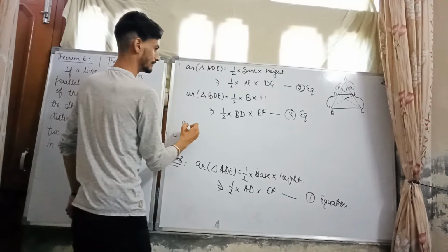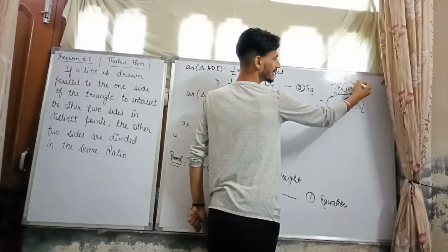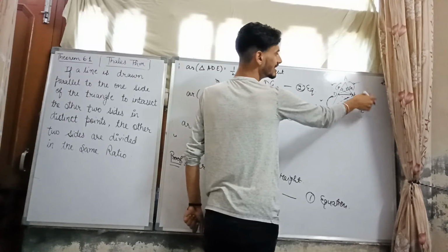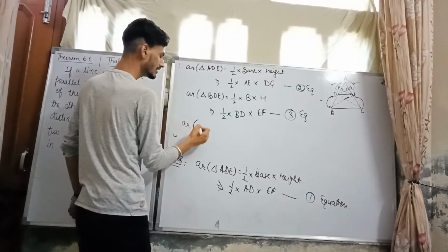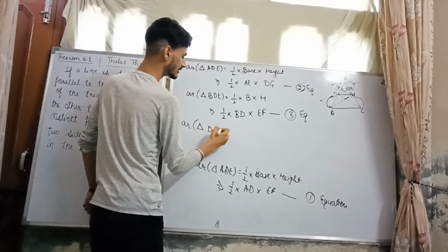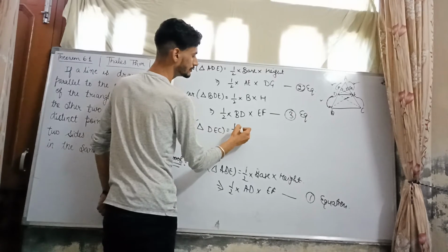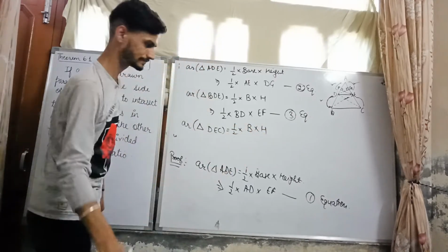So this side has been completed, and the remaining side is EC. In order to have this side, we will take the area of triangle DEC, which follows the rule of half into base into height again.